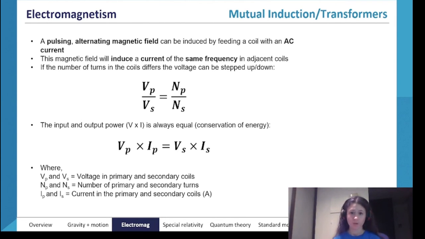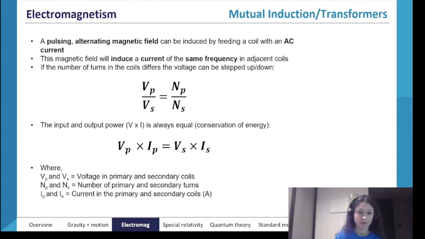However, when you're actually using power or electricity in your home, you don't want that larger voltage. You only have regular appliances. So what you want to do is change the voltage.